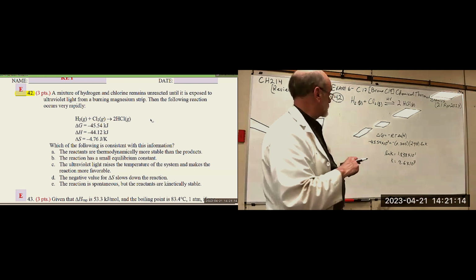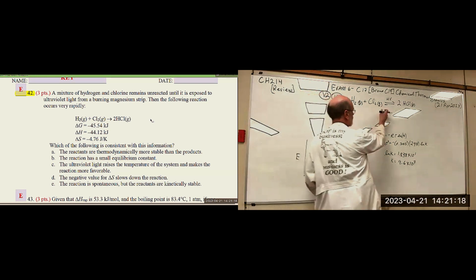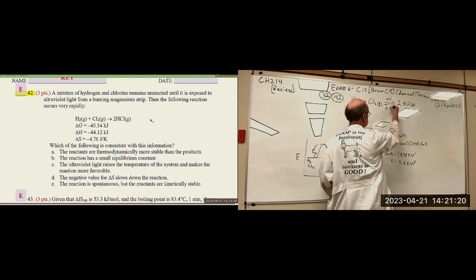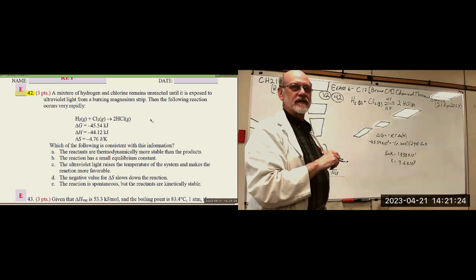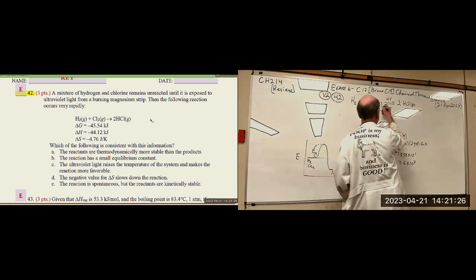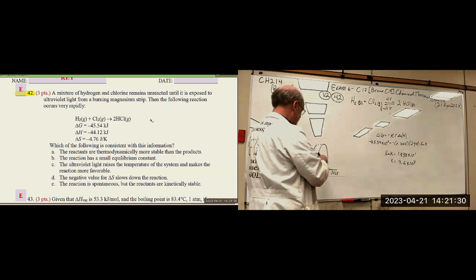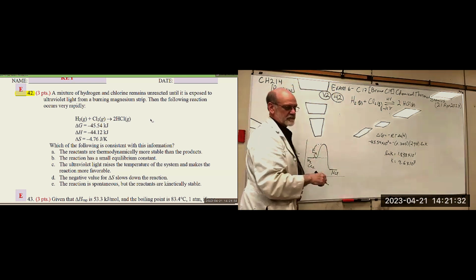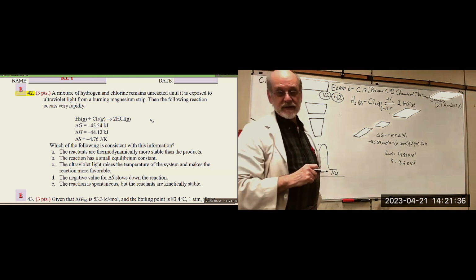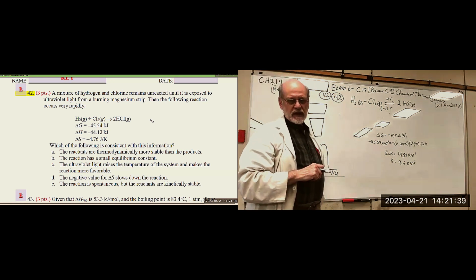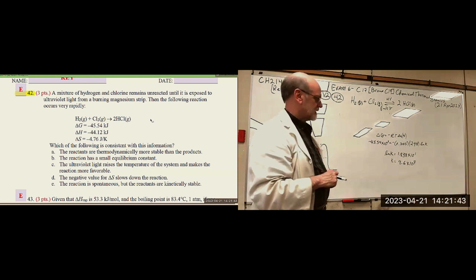No, it doesn't change the temperature. It just provides the activation energy in the form of Planck's constant times frequency is equal to energy. Doesn't have to change the temperature at all. You can do that without changing the temperature. So C's not it. D, the negative value of delta S slows down the reaction.